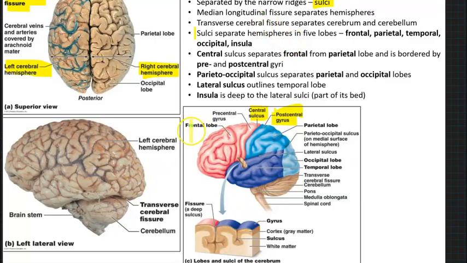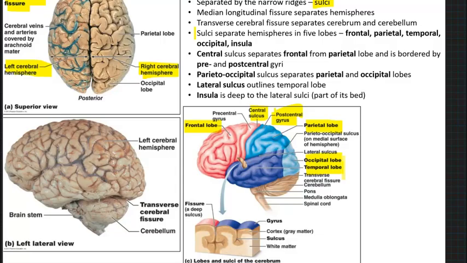So, the brain is divided into 5 lobes. The frontal, located in the front. The parietal lobe, located on top of the brain. The occipital lobe, which is in the back, and the temporal lobe, which is on the side.